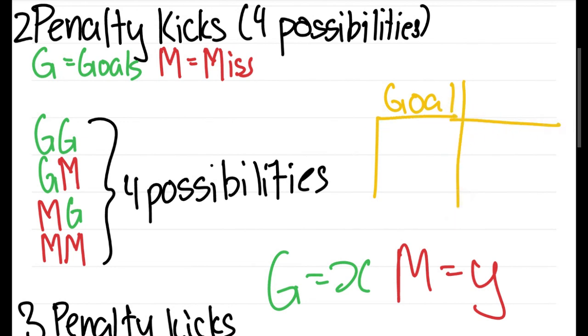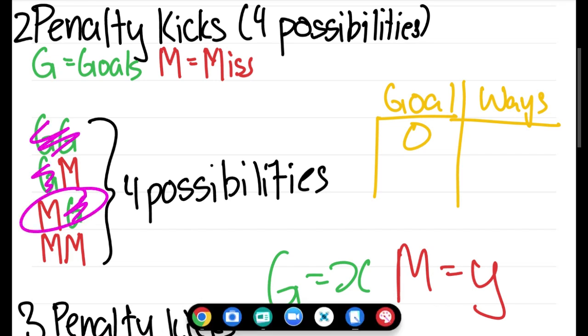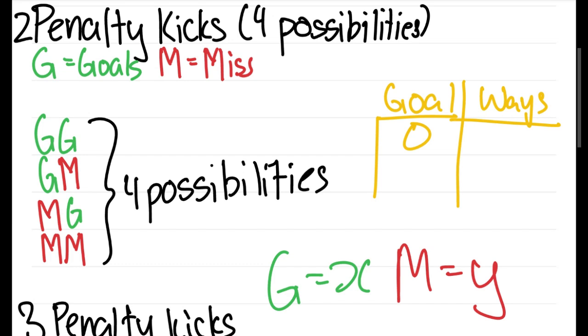This is how many goals we want to have and the number of ways. So let's say if you want 0 goals, that means there will be no G in the possibility. We can see that there is only one. So right here, one. If we want one goal, you see there is one G here. The other one is M. This is an M, and this will be a G. So there are two ways. If you want two goals, there's only one way, two G's.